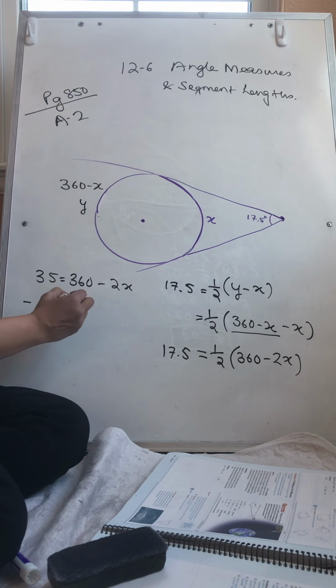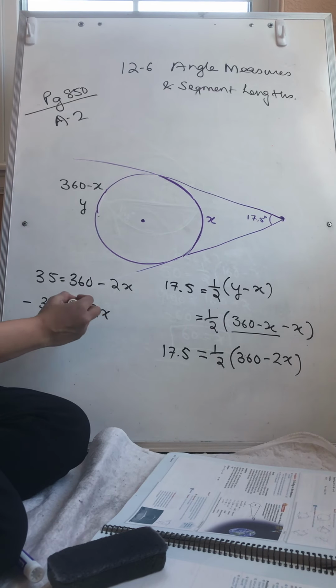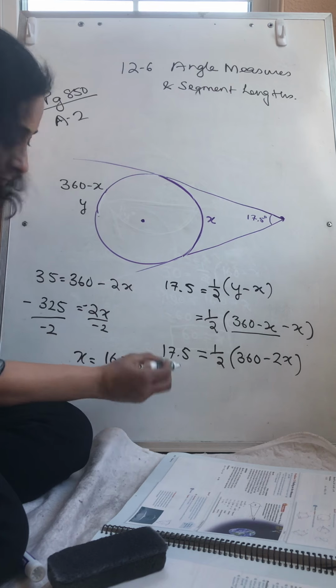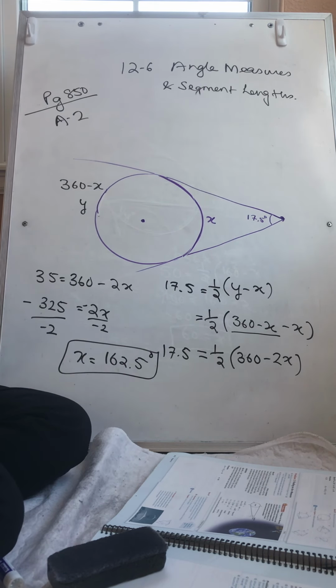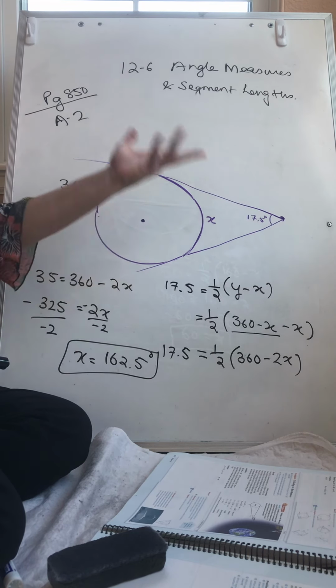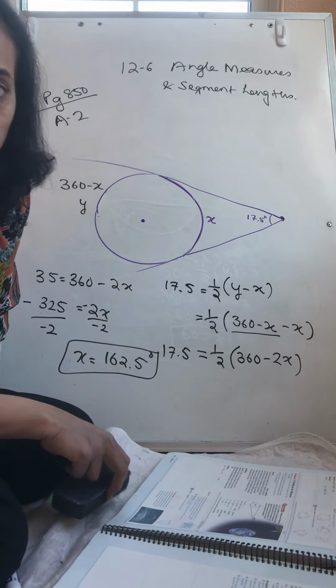So 325 equals negative 2x. I divide both sides by negative 2, to give me x equals 162.5 degrees. Make sense? So here don't think, oh, I don't know y, I don't know x also, how do I find it? No, you know what y is. Y in terms of x is 360 minus x.